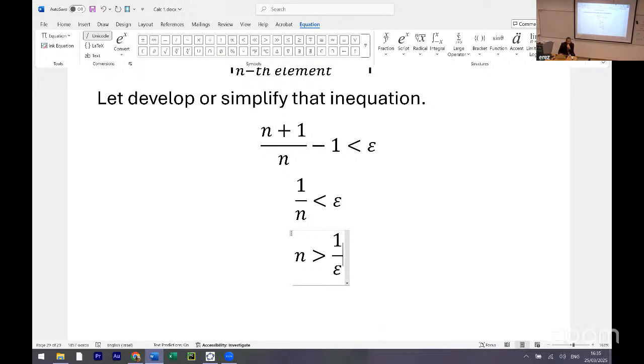Does it make sense that n would be larger than 1,000? Yes, because 1,000 is still a finite number, and after 1,000, all of the elements of the sequence will be within the bounds. Think about the 1 over epsilon we started with.